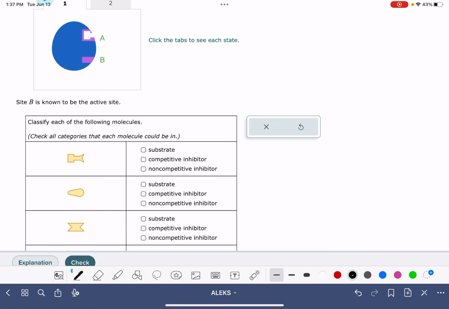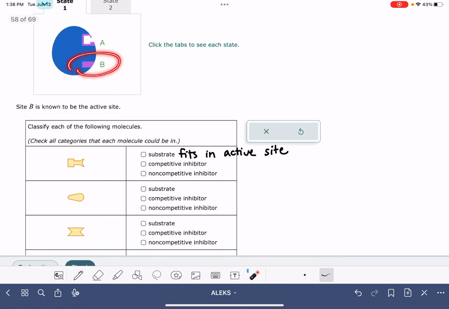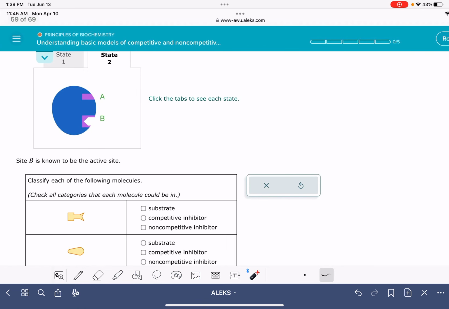So let's define each one of these terms. A substrate is something that binds to the active site, or let's just say that it fits in the active site. That's a better definition. In this particular problem, we know that site B is the active site, and to see site B, we need to look at state 2. This is what site B looks like.